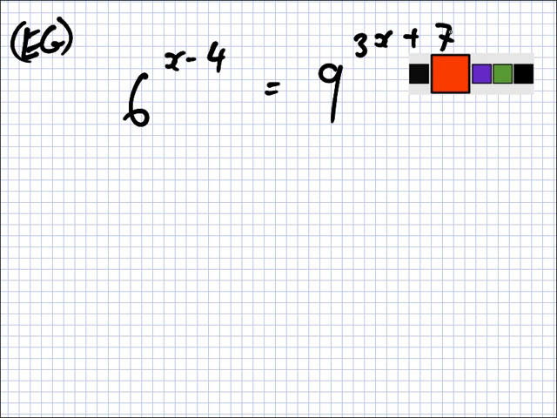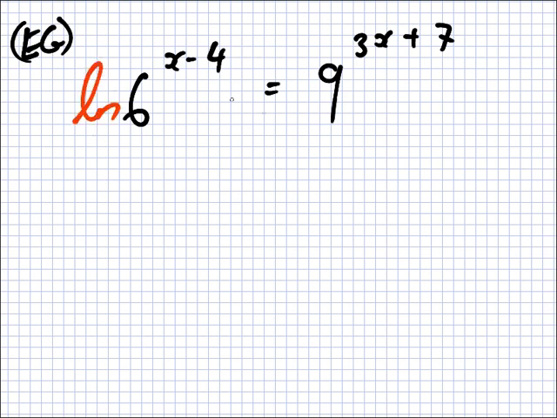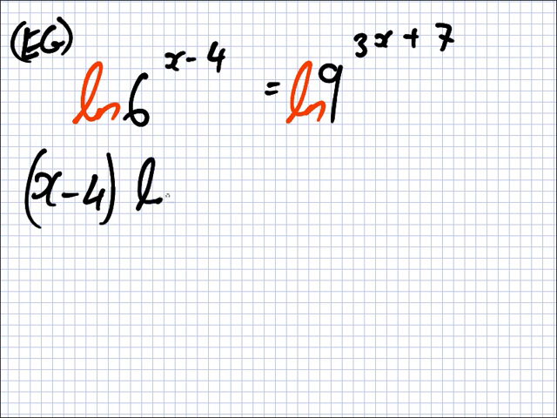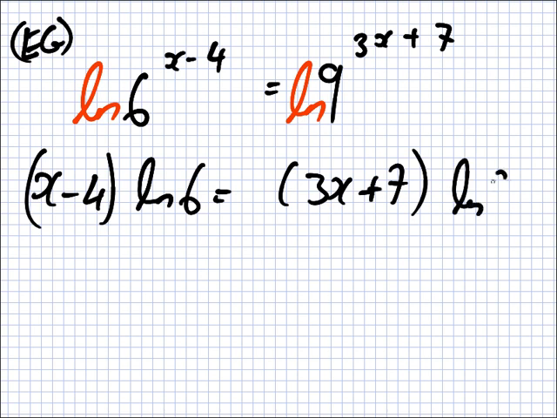So, what I'm going to do first is put natural log on both sides. So this becomes x minus 4 times log 6 equals 3x plus 7 times log 9.